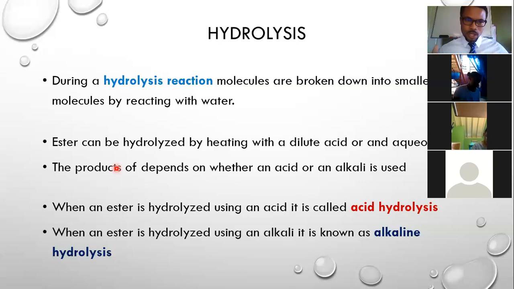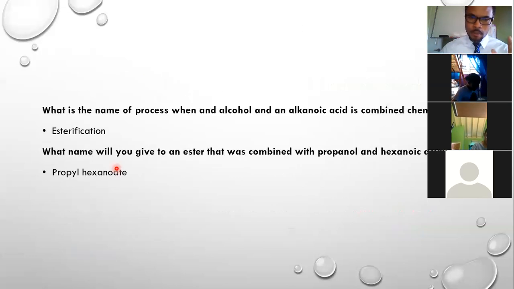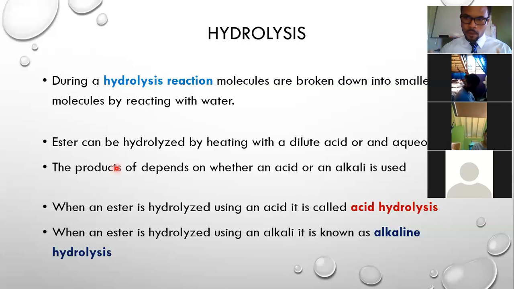But in nature, there are esters that are naturally occurring. Remember before we said that an ester can be found in animal fat or in vegetable oils. These are naturally occurring in nature. So if you know how to break apart an ester, the naturally occurring esters that they are, you can break them apart.